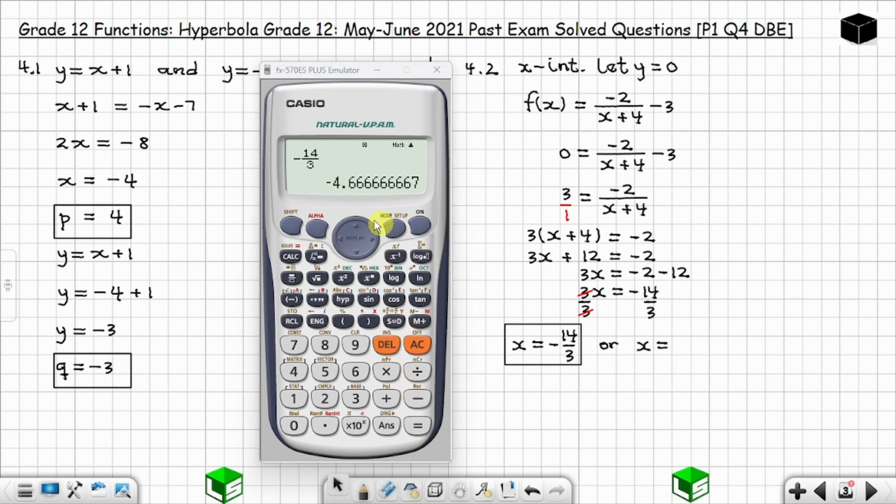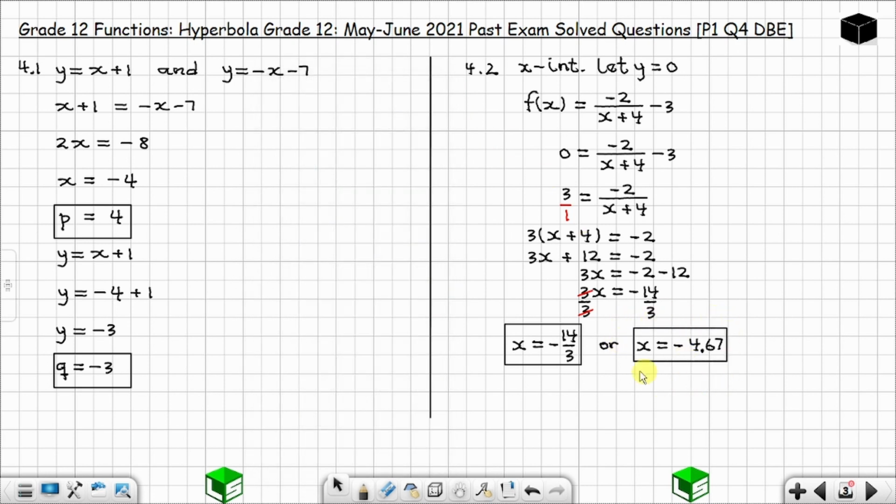This is negative 4.67 if you keep your answer correct to 2 decimal places. So this is x in decimal. You can give it as a fraction or as a decimal. So this is your x-intercept. Let's carry on. Let's do the last question, 4.3, on the next slide.